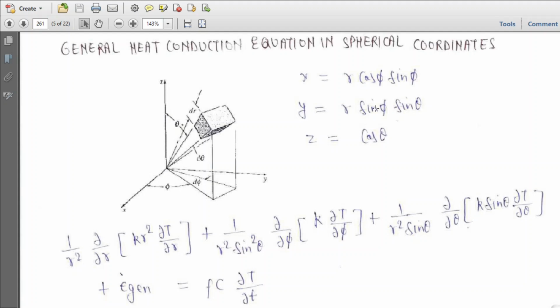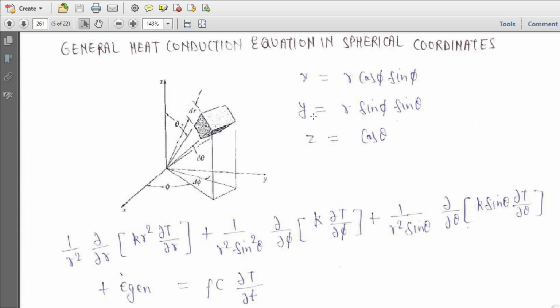In case of a sphere, make these changes: x = r cos φ sin θ, y = r sin φ sin θ, z = r cos θ.